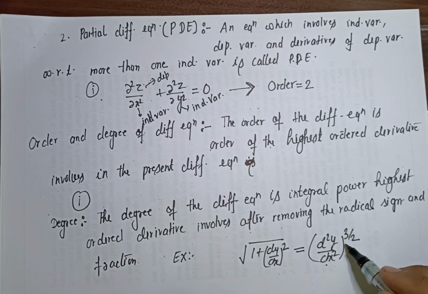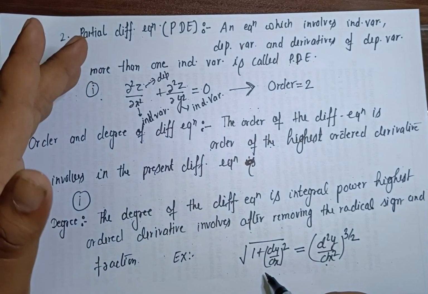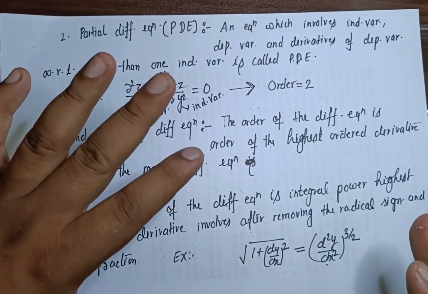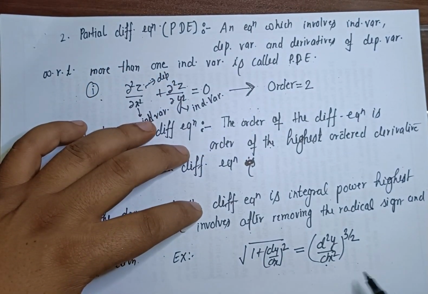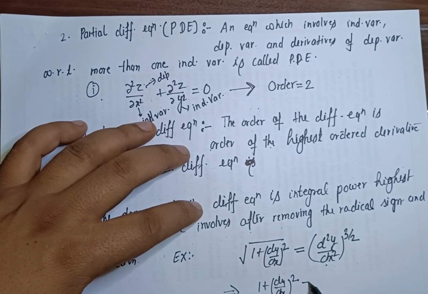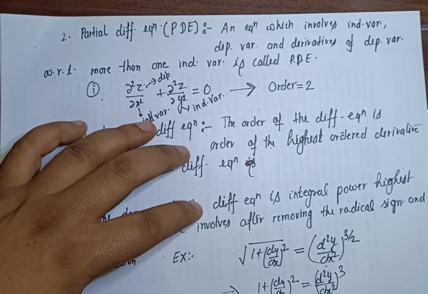The power of this is 3 by 2, which is a fraction, and on the left hand side we have a radical. So we have to remove the fraction and the radical on both sides. We take the square of both sides: 1 plus dy upon dx whole square equals d square y upon dx square to the whole power 3. Now it is free from radical and fraction powers.